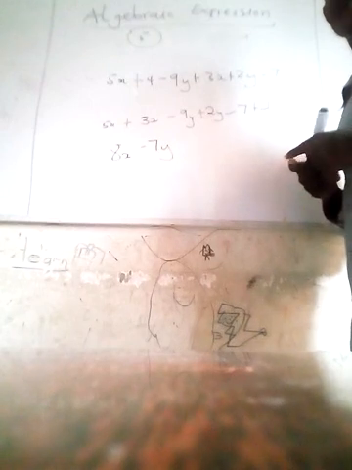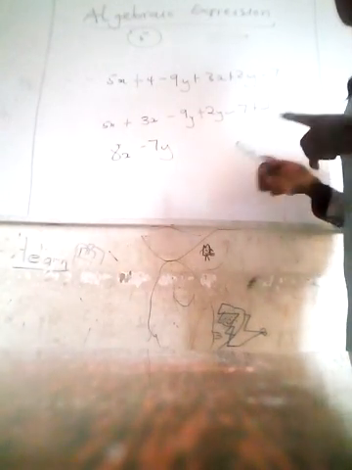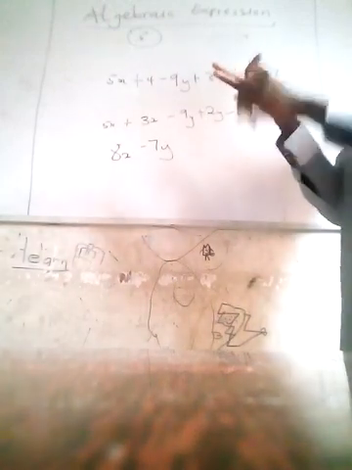Negative 7 plus 4. Sorry, plus 4. Nope. You say negative 2, 4, 5, 6.